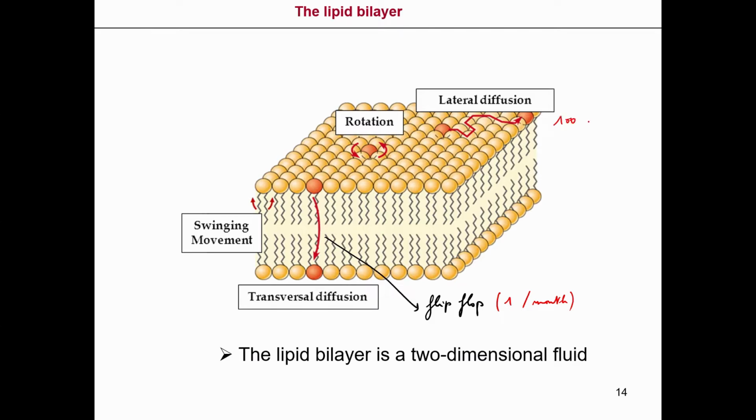You have about 100 lateral diffusions per second. So we say that the lipid monolayer is a two-dimensional fluid. Indeed, we will consider the movement for each monolayer.